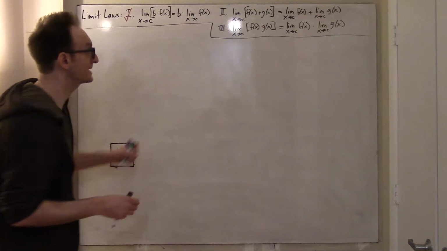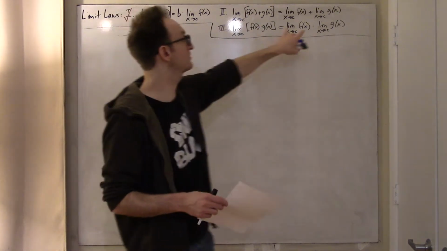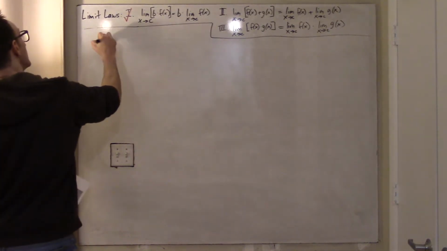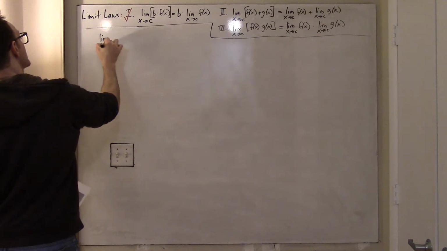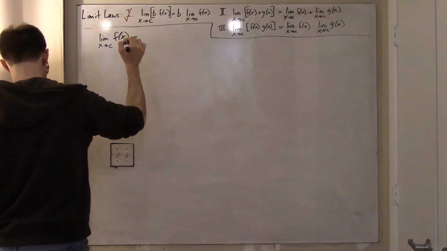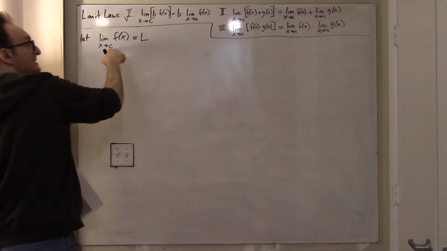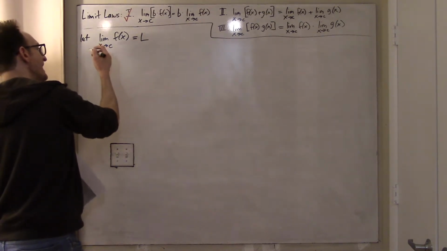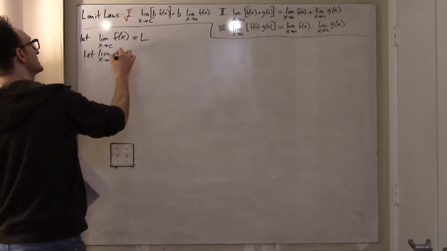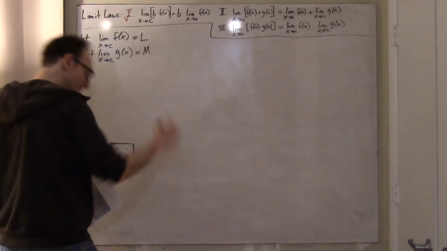Well, first of all, once again, built into this is the assumption that the limits on the right both exist in our numbers. So let the limit as x approaches c of f be L, and let the limit as x approaches c of g be m.